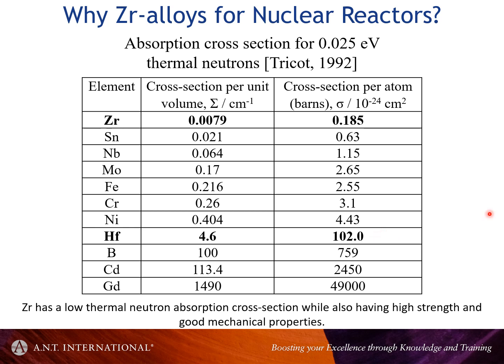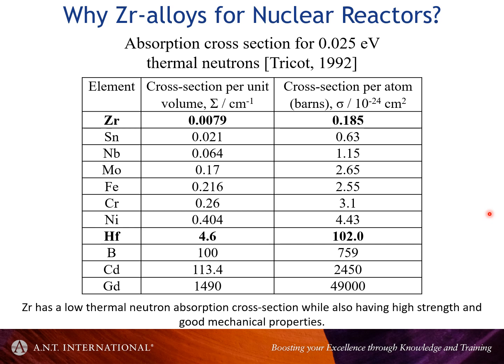So when refining zirconium, it's important to get the hafnium reduced as much as possible. So for most ASTM specifications for alloys used in nuclear reactor cores, the allowable hafnium is generally about 100 weight ppm.